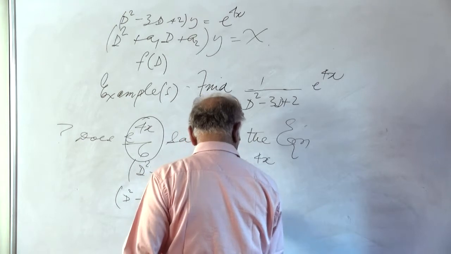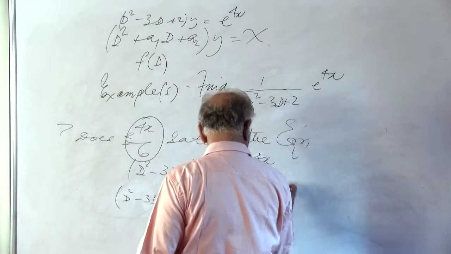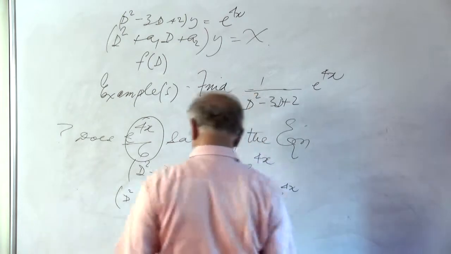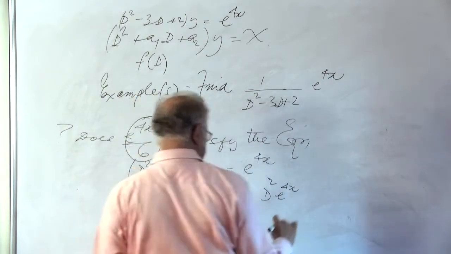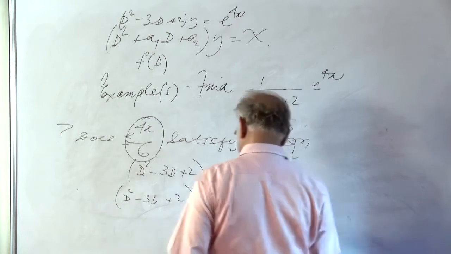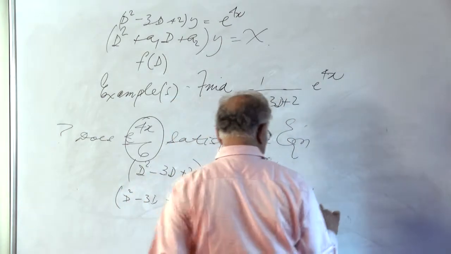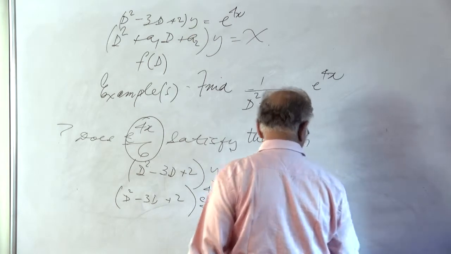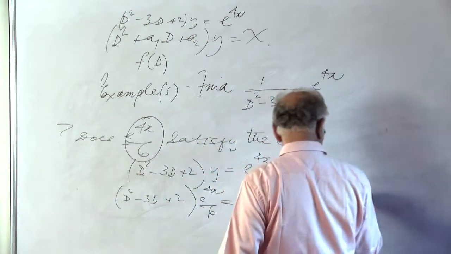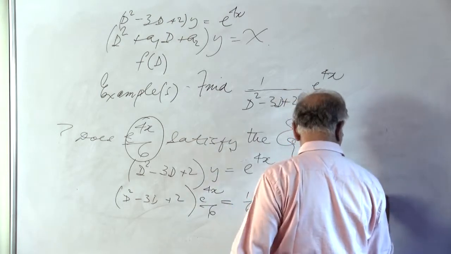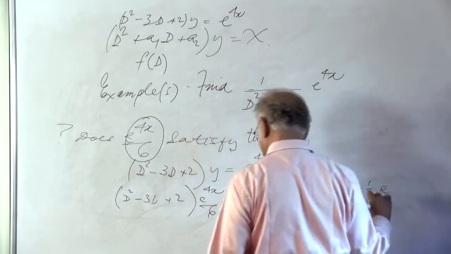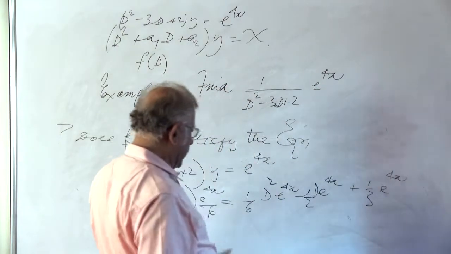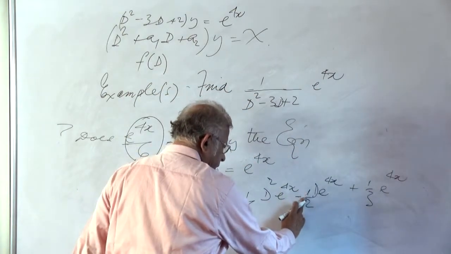So 1 by 6 D squared operating on e to the power of 4x, minus 3 by 6, that means minus half, D operating on e to the power of 4x, and 2 by 6 is 1 by 3rd e to the power of 4x. Now we'll do this one by one. There is a minus term here.